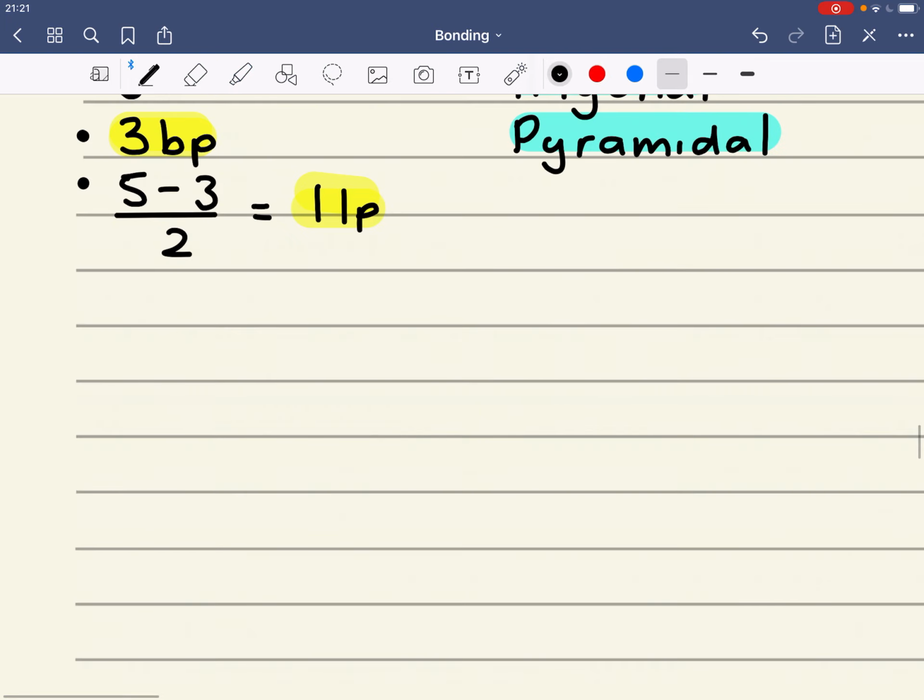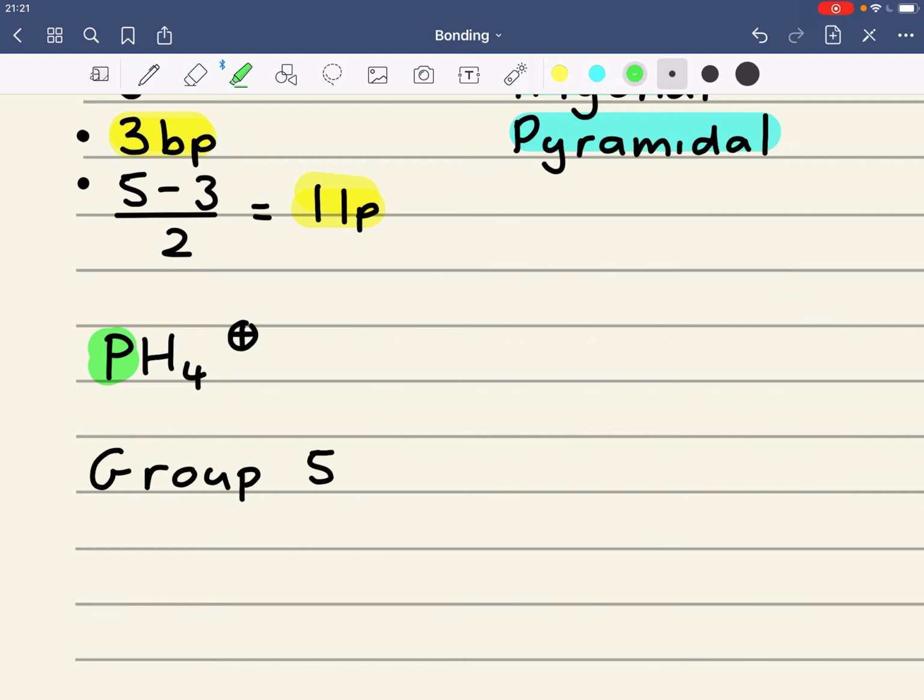The next example we look at is a molecular ion with a positive charge. First thing we do again is identify the central atom. It's phosphorus, and that is in group 5. Now, if this was a neutral molecule, we would say 5 electrons are available for bonding.